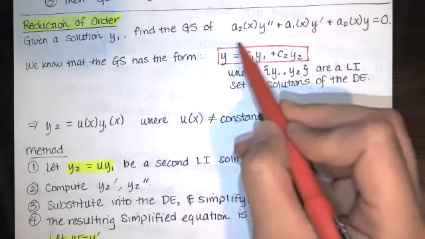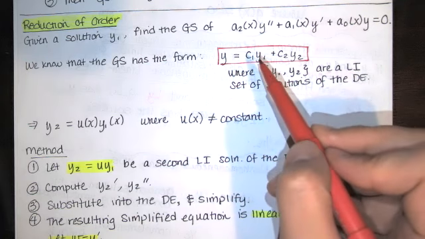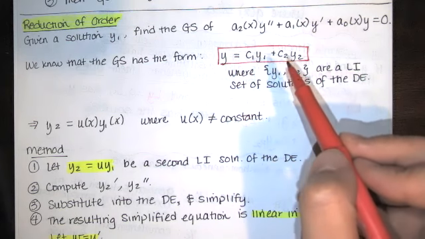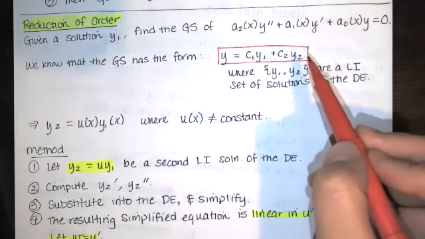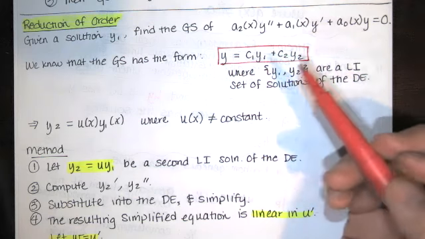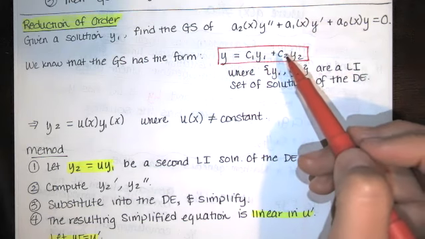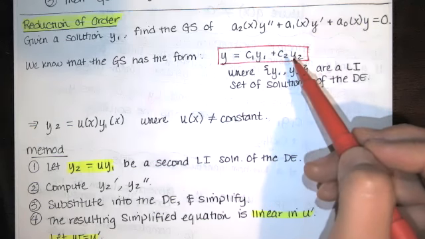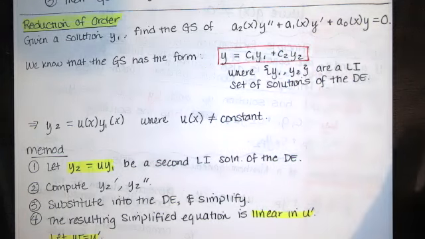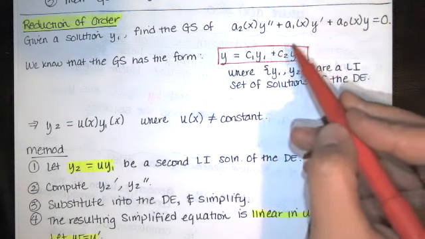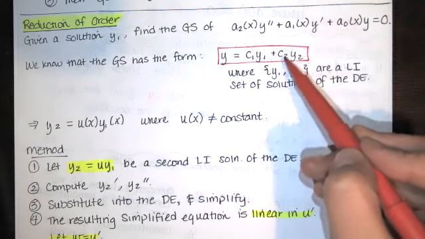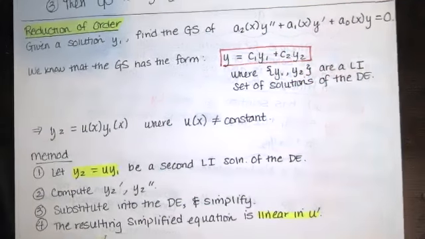So this piece is already going to be there. So we're going to have a generic constant times y1 already. And we want a generic constant times y2, and we don't want y2 to have any constants in it. We don't want a constant times y2 here, like a constant and then a function, because that constant times that constant would just give me a different constant. So we want to simplify y2 as much as possible so that it's just a very simple function without any arbitrary constants in it.